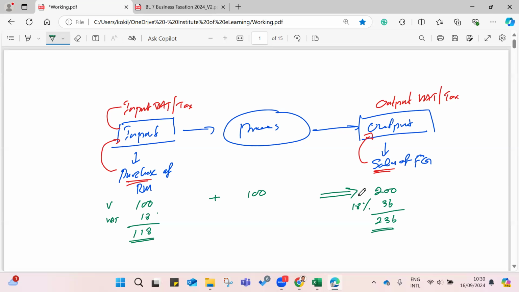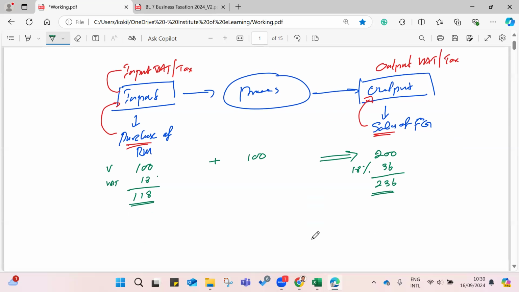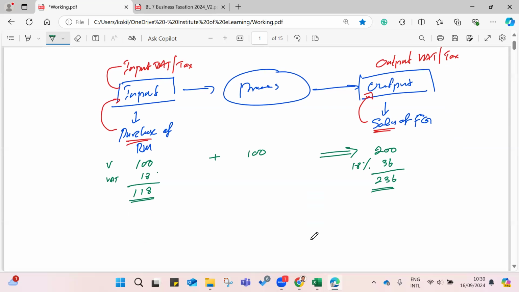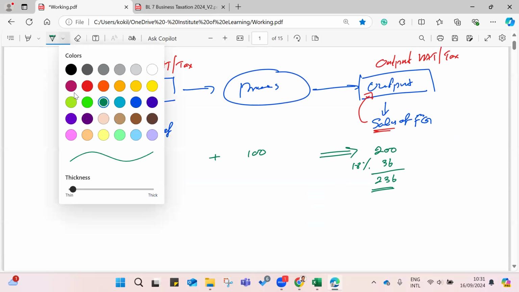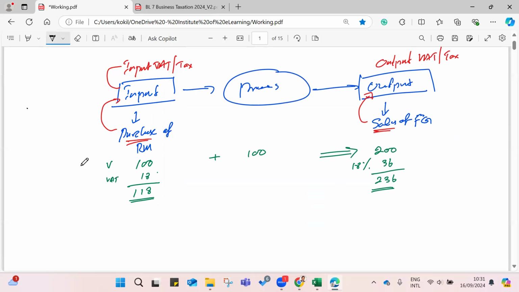Hope this is clear. Then how to do the calculation for this particular company? You take sales. How much sales? 200. Then the VAT rate is 18%. You collect VAT on sales 36.